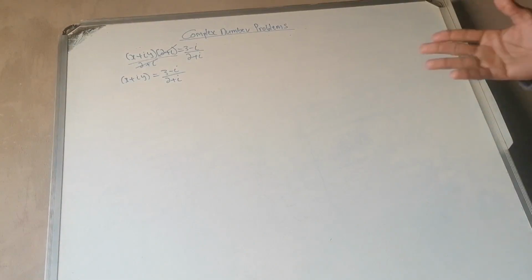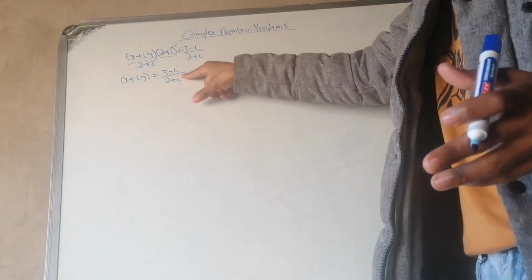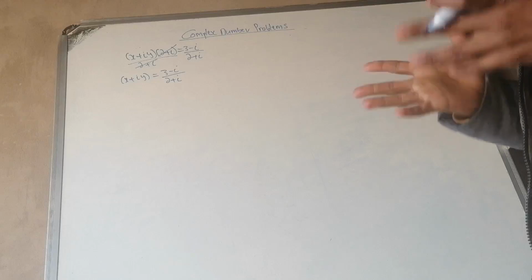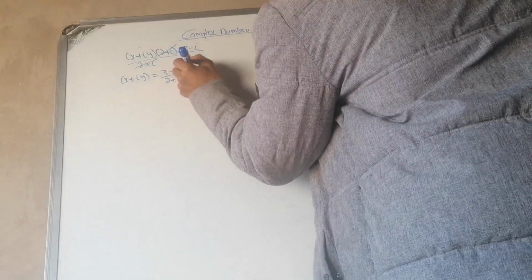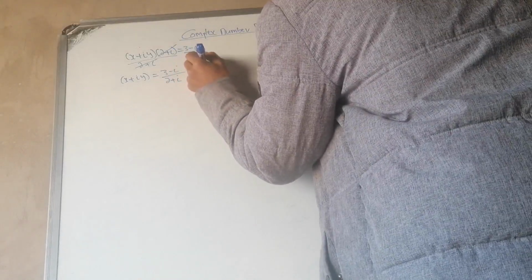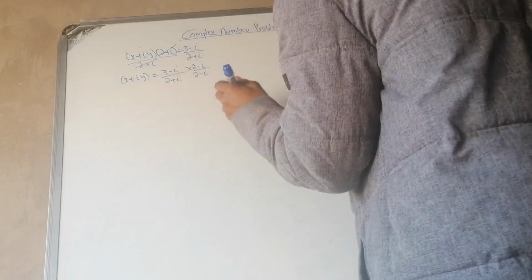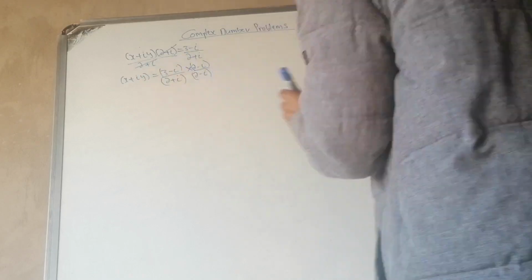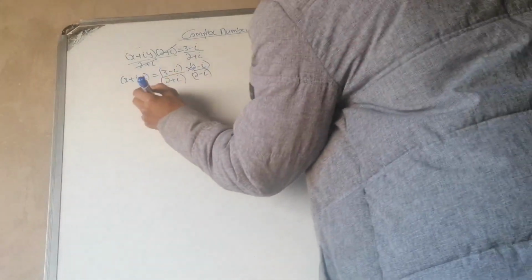And then what will you do? You know that you will multiply both numerator and denominator by the conjugate of 2 + i, or you will rationalize the denominator. So you can multiply by (2 - i)/(2 - i). And you know how that will work and simplify things for us.